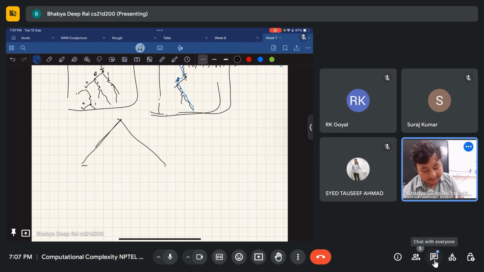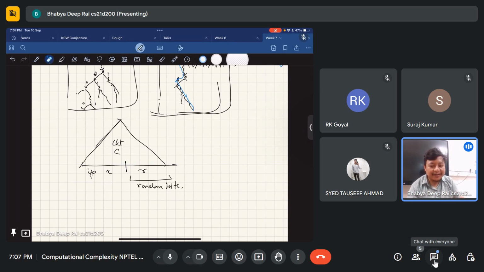You have a circuit and you have an input side, the real input, and this part are random bits. Now again, I'm going to guarantee you really good quality, high quality random bits. They appear very random. Then the probability that the circuit will succeed is also very high.